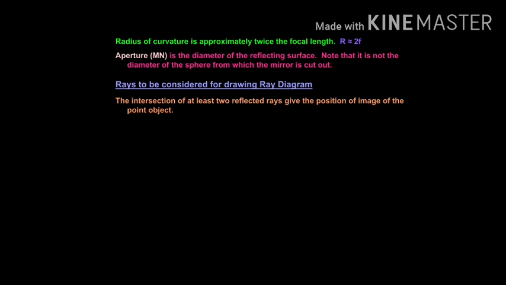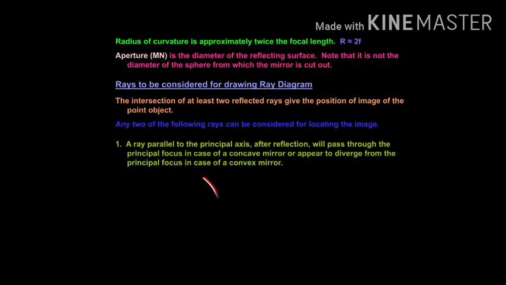Once you know that there are only two laws of reflection, these rules are also derived from those laws. The very first one is that if a light ray falls on the mirror parallel to the principal axis, then after reflection it will pass through the focus.